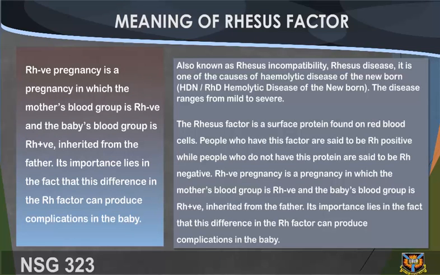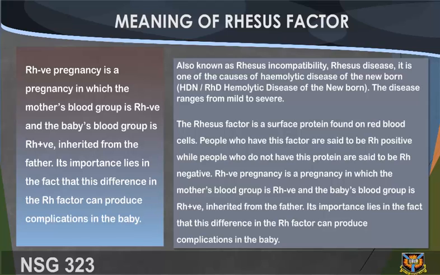Meaning of rhesus factor. Rh negative pregnancy is a pregnancy in which the mother's blood group is Rh negative and the baby's blood group is Rh positive, inherited from the father. Its importance lies in the fact that this difference in the Rh factor can produce complications in the baby.